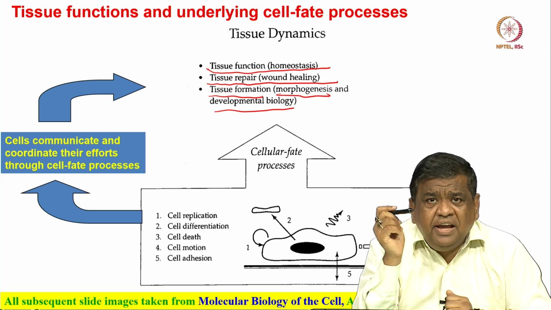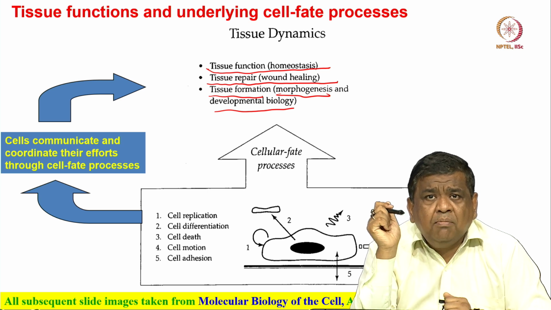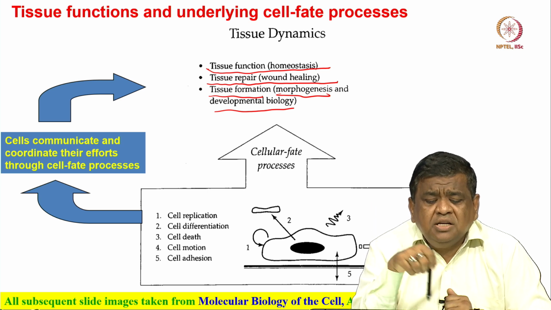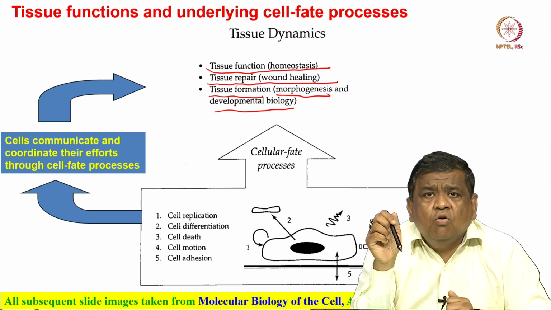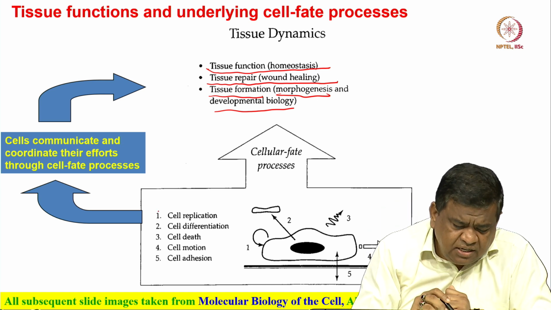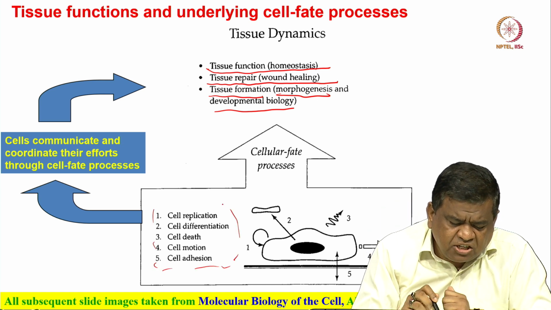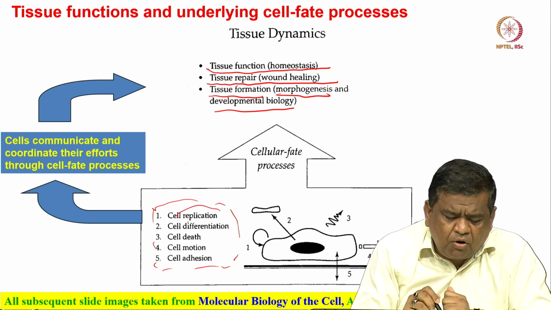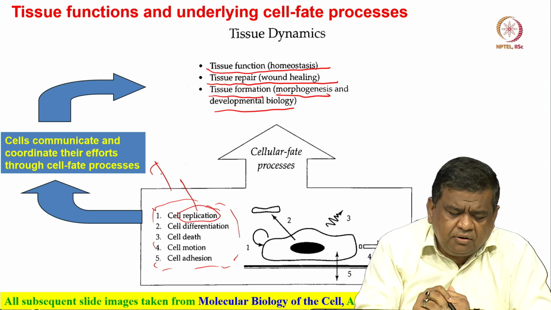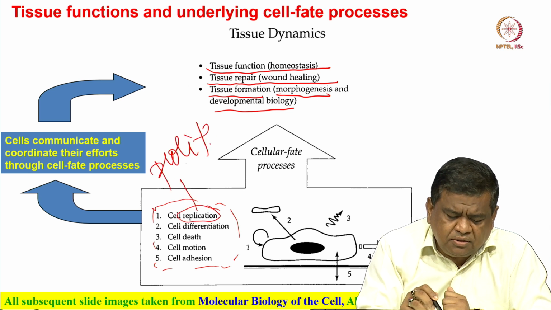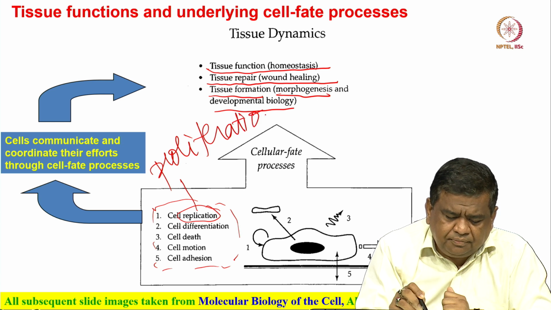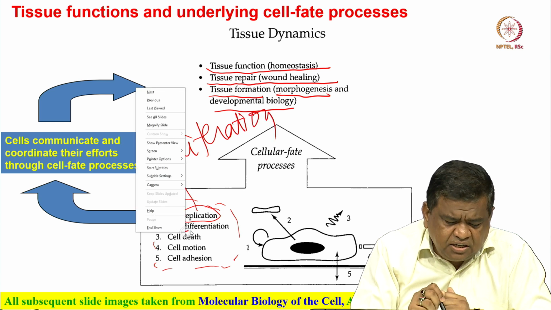So, what are the things a cell can perform or must perform in the context of overall tissue function or homeostasis? That is cell replication, proliferation, division. These are all synonymous. Cell differentiation.